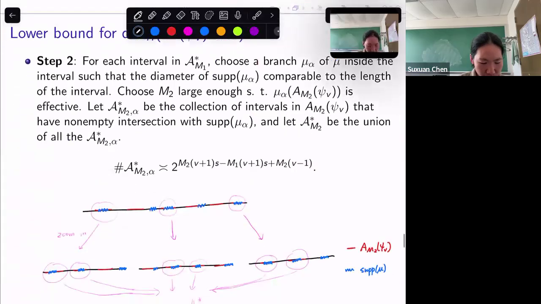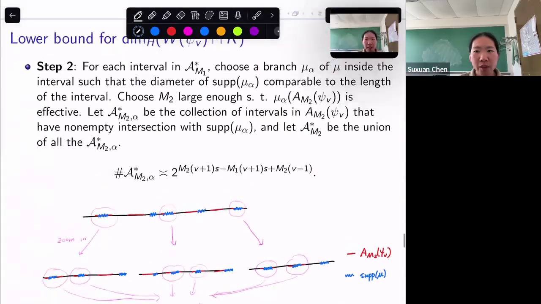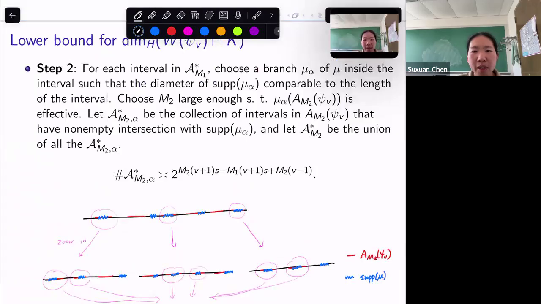And then in step 2, for each interval inside A sub M1 star, we choose a branch mu alpha inside this interval such that the diameter of the support of mu alpha is comparable to the length of the interval. Let me briefly explain why we can do this.